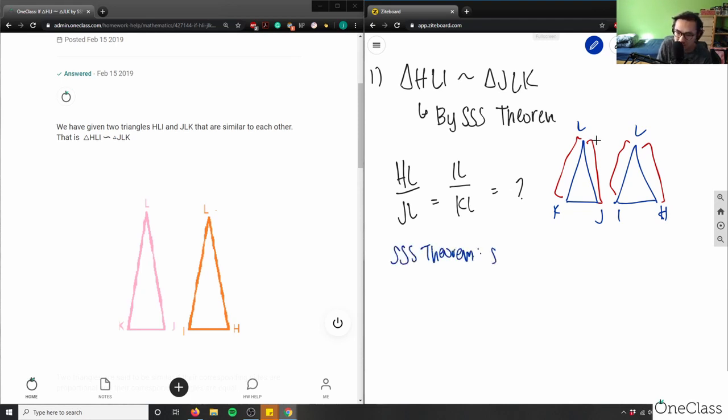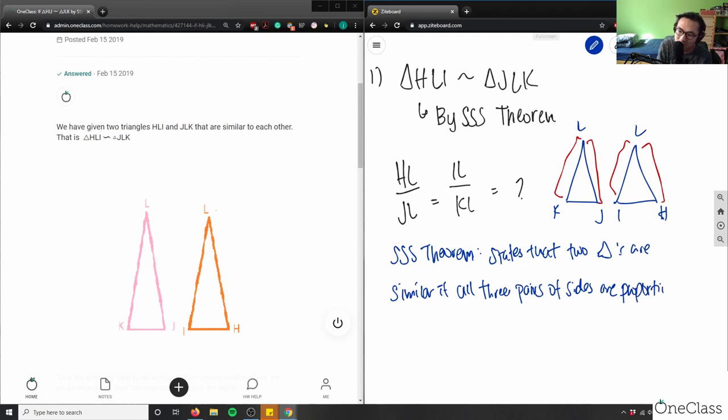I'll say two triangles, this is my short form for triangles, are similar if all three pairs of sides are proportional.